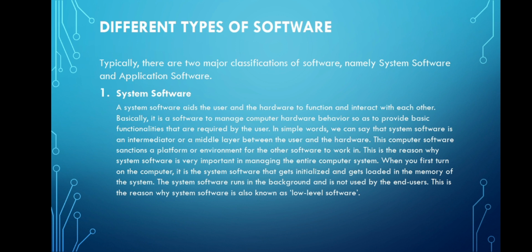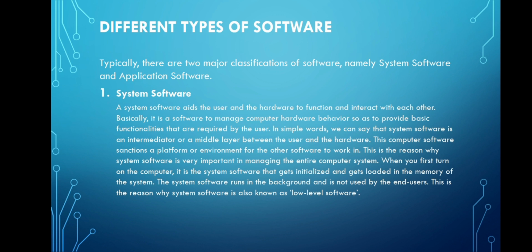Different types of software. System software. A system software aids the user and the hardware to function and interact with each other. Basically, it is software to manage computer hardware behavior so as to provide basic functionalities that are required by the user.